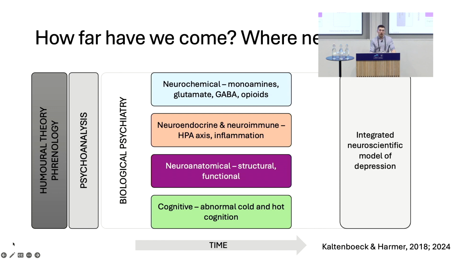We also have neuroendocrine and neuroimmune hypotheses, which focus on dysfunction in the HPA axis, neuroanatomical accounts, which are both structural and functional. And then also we have cognitive accounts, which focus on abnormalities of hot cognition, which are, for example, negative affective biases, impairments in motivation and reward processing, and also cold cognition, which focus on working memory and attention.